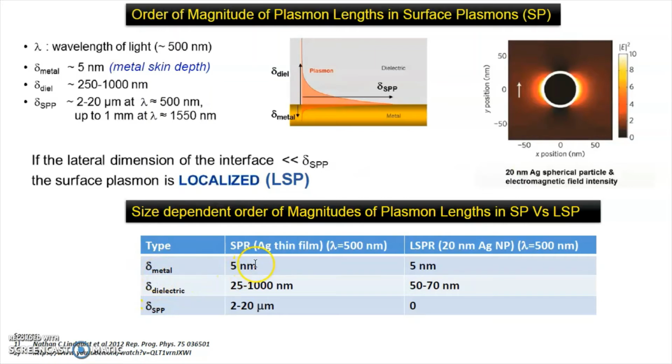So delta metal in case of surface plasmon is 5 nanometer, and in case of localized surface plasmon, it is again 5 nanometer. That is no change, because this is delta metal. So this is valid for the nanoparticle also, because the diameter of this metal lies in the range of 20 nanometer, so it can penetrate up to 5 nanometer. In case of delta dielectric, this is 25 to 1000 nanometer.